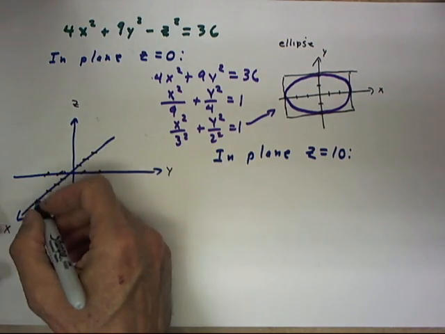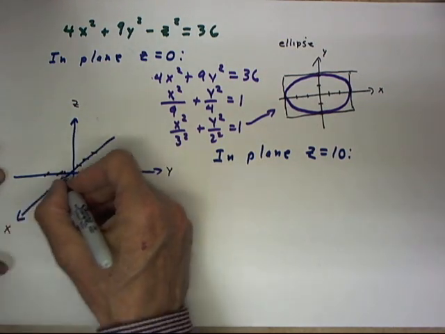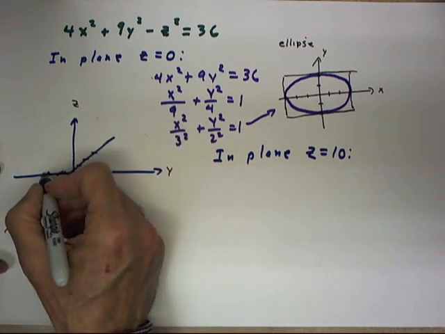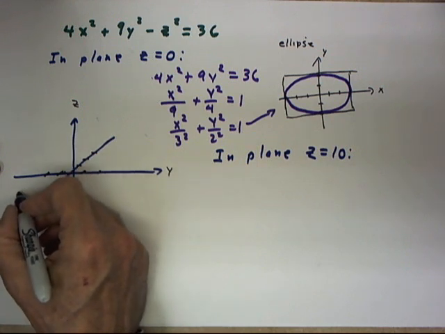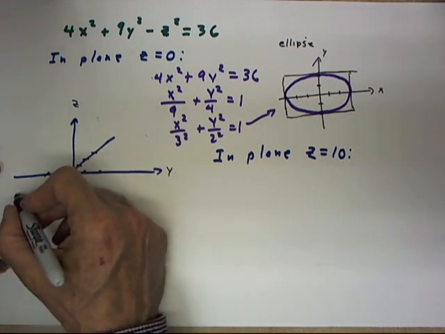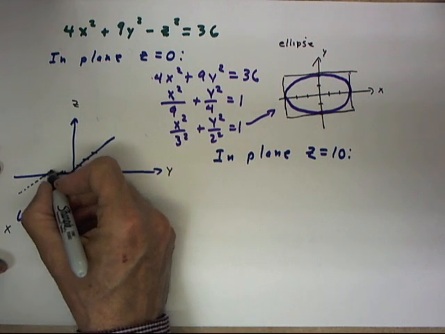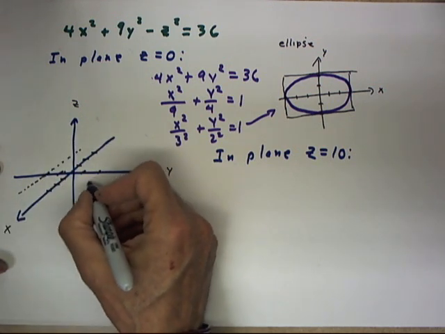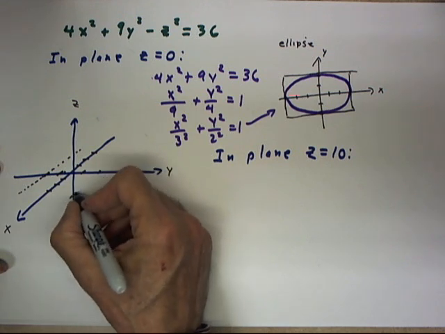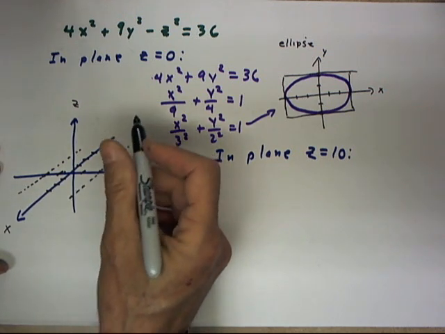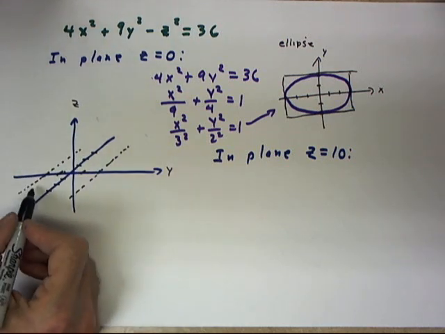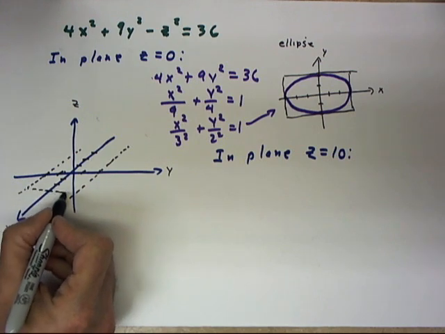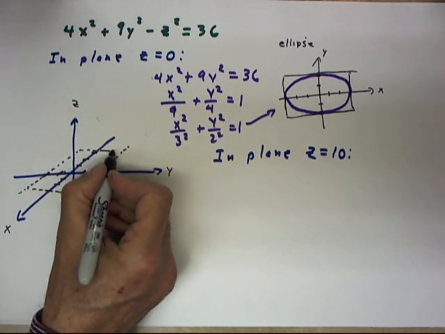The sides of the rectangle are going to be parallel to either the x-axis or the y-axis. Let's just draw a dotted line parallel to the x-axis through each of these 2 points, then a line parallel to the y-axis through this point of the x-axis, and a line parallel to the y-axis here.